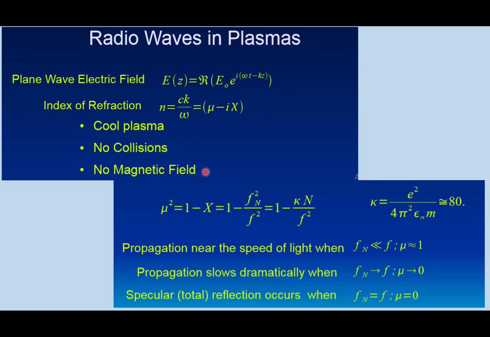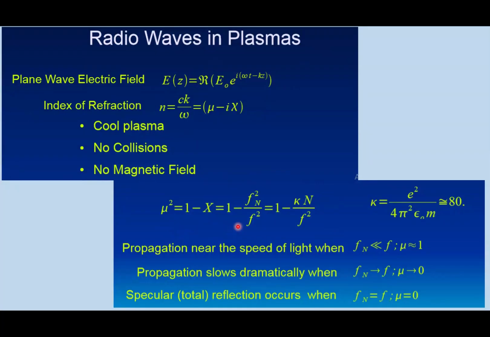But now, under these three assumptions, the real part of the refractive index mu satisfies the equation mu squared is equal to 1 minus X, where X is called the magneto-ionic parameter, which is equal to the plasma frequency fN squared divided by the wave frequency f squared.